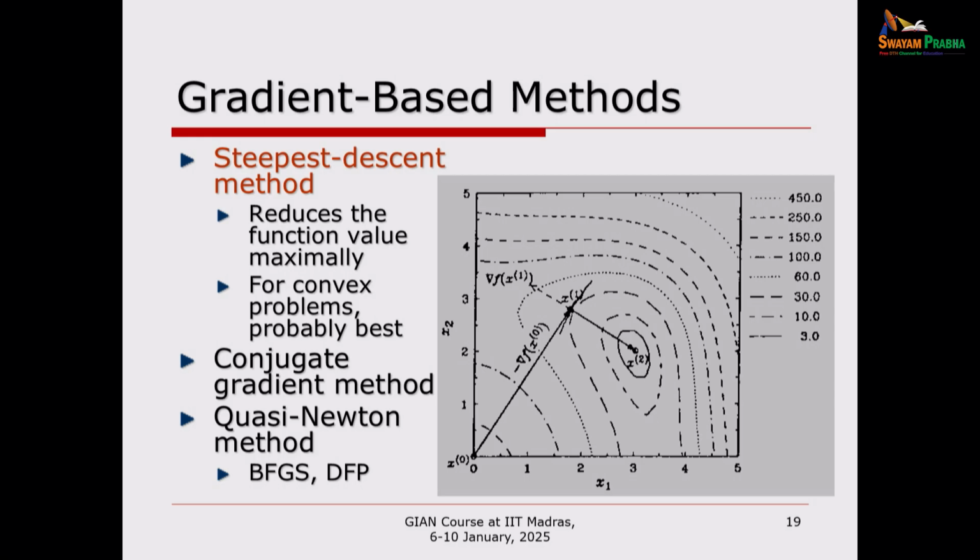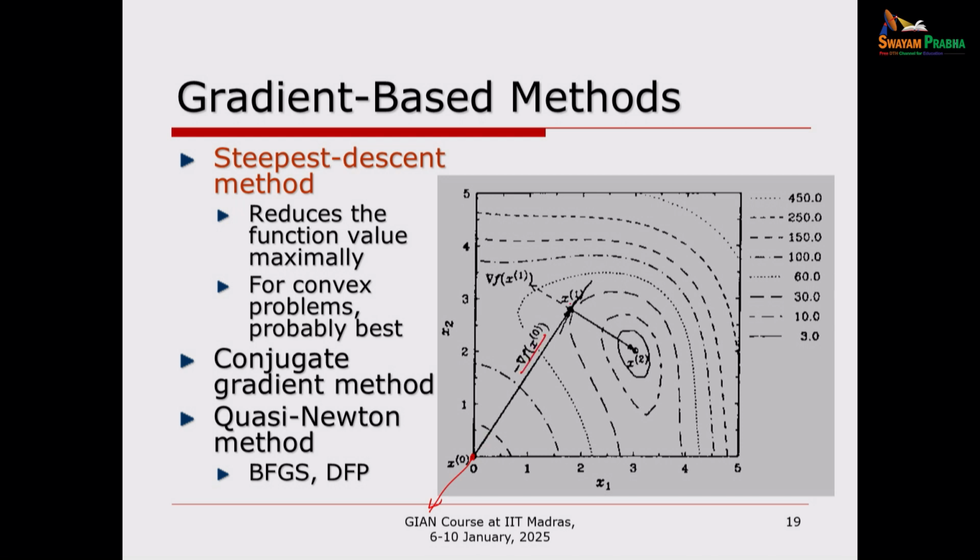Then there are gradient based methods, but that was without gradient, right? In this one, you start with a point, not 3 points, but a point, and compute the gradient direction. You know the gradient is the direction in which the function value increases the most, right? If you go in the negative direction, your function value will reduce the most. Because you are minimizing, it makes sense to go along the negative of the gradient.